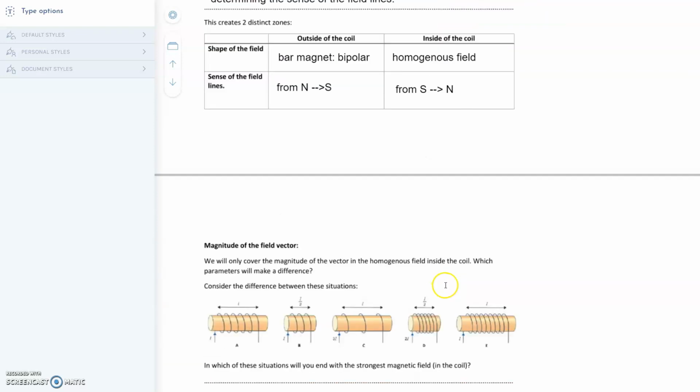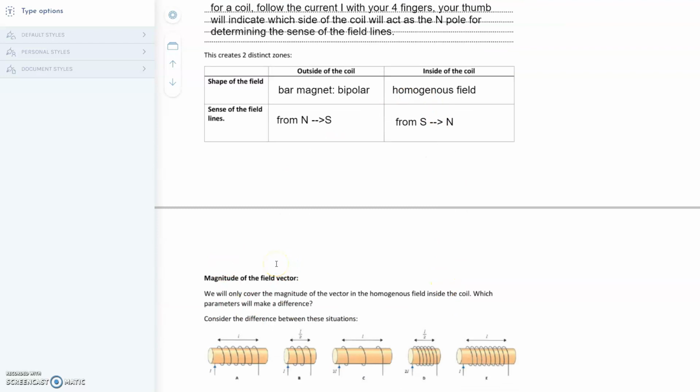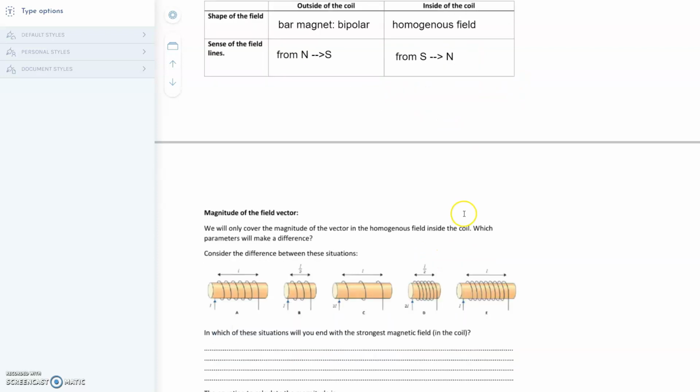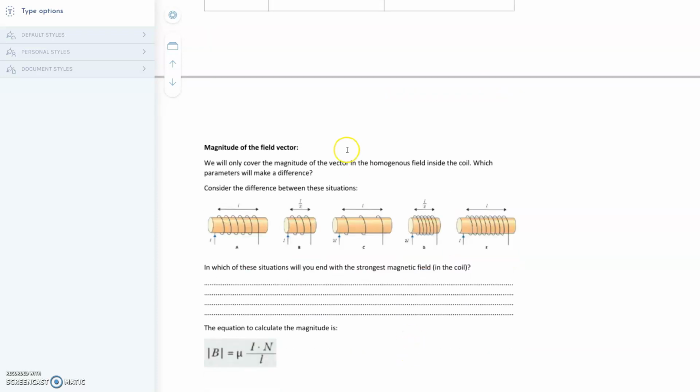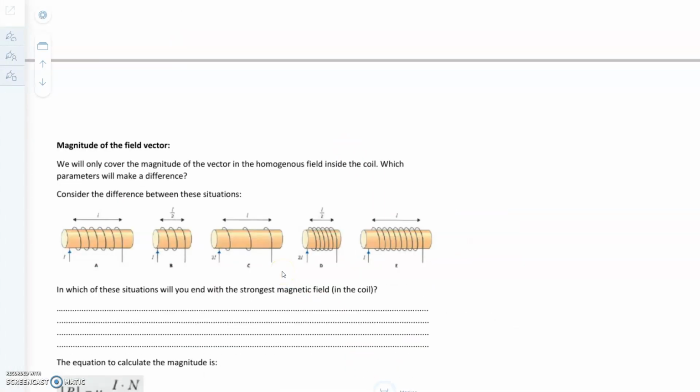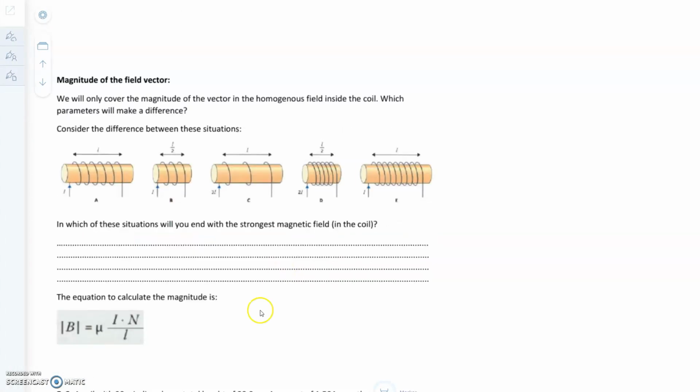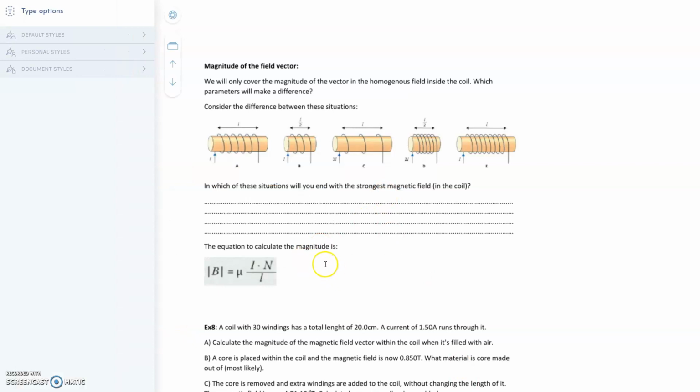Now, when we will be discussing the magnitude of the field vector, we will be determining it on the inside of the coil, namely the homogeneous field created there. If we wanted to determine how strong the magnetic field is, what the magnitude is, we will be using this equation to do so. Now, what are the different parameters in this equation?